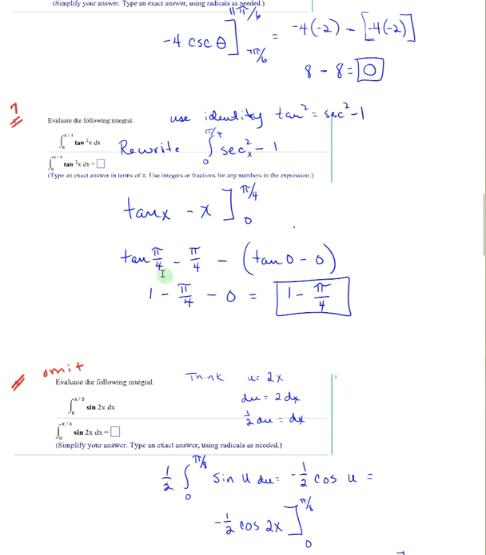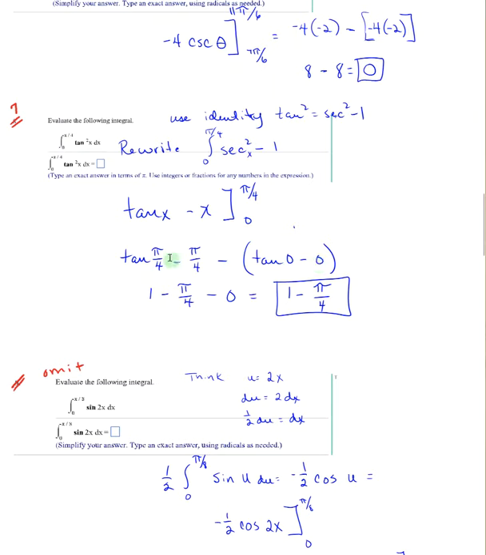So tan of pi over 4 minus pi over 4 minus, and here's where you have to remember that evaluating 0 doesn't always negate everything, because we've got some trig things. So we're going to have a value here. Minus tan of 0 minus 0.